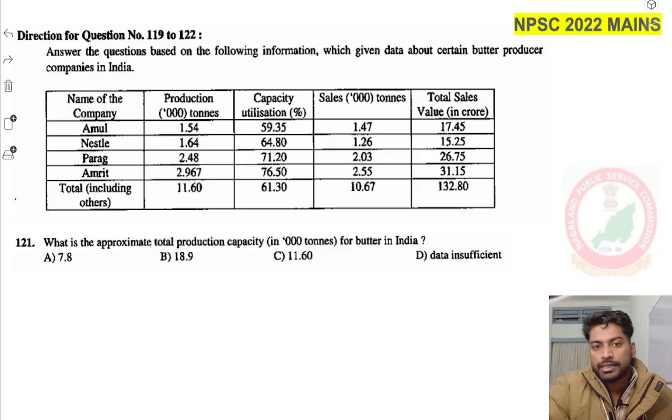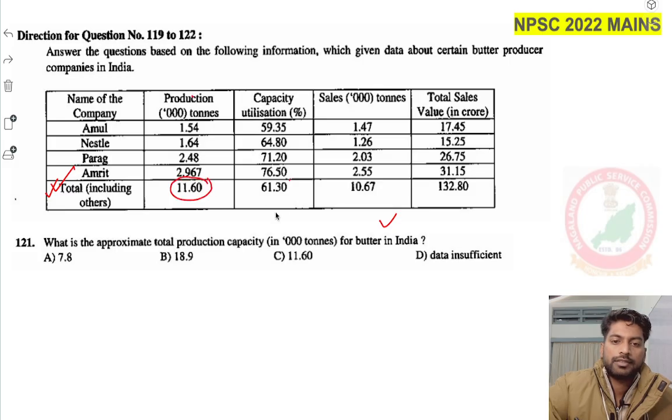What is the approximate total production capacity for butter? What is the approximate total capacity for butter in India? See, they are saying that in the total line, total production is 11.60 and utilizing capacity is 61.30%.